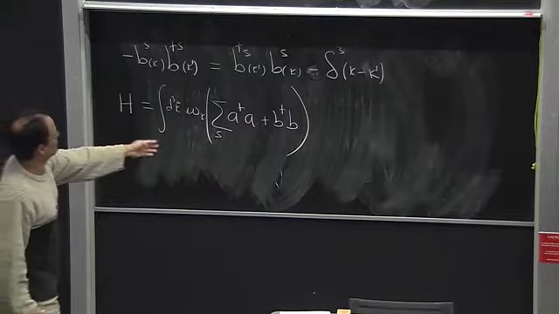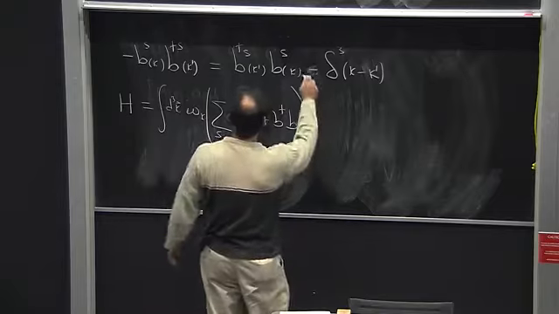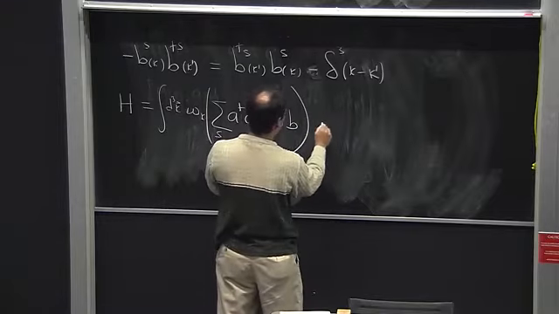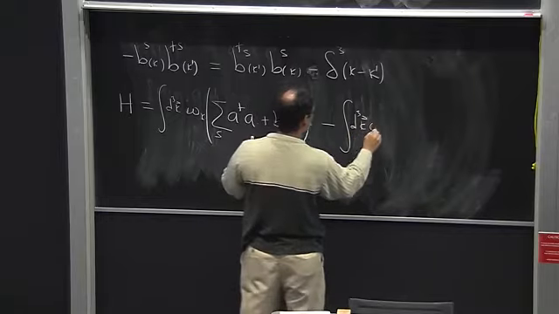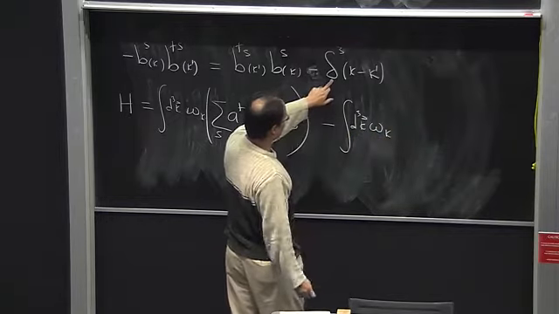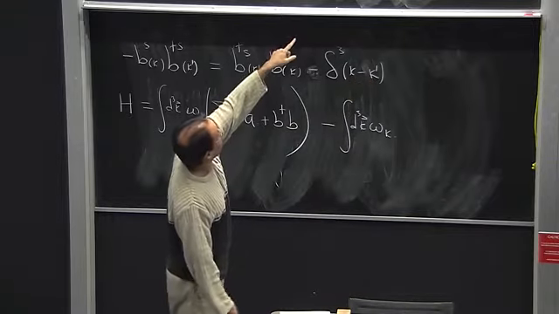I mean, will not give us any contribution to the energy of the vacuum, but there will be an extra term, and that extra term is minus integral d3k omega k times this guy evaluated when these two things are the same, because that's exactly what we need.